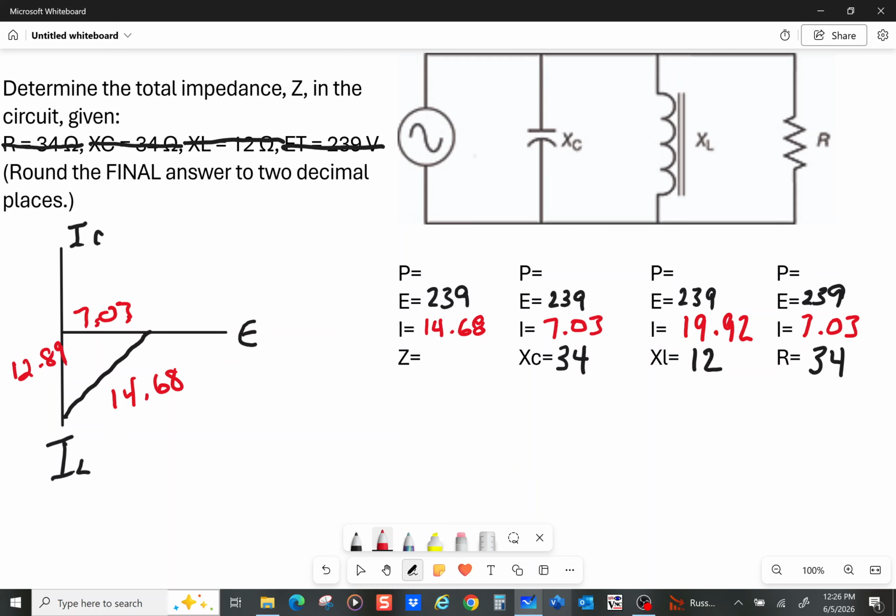All right, so now that I've got my 239 volts divided by my total ampacity of 14.68, I can get an impedance value of 16.28 ohms. Now, if you watch my other two videos, parallel RL or parallel RC circuit, you'll know that we had the product vector sum equation to solve for my impedance if I just had a resistor and either an inductor or a capacitor.